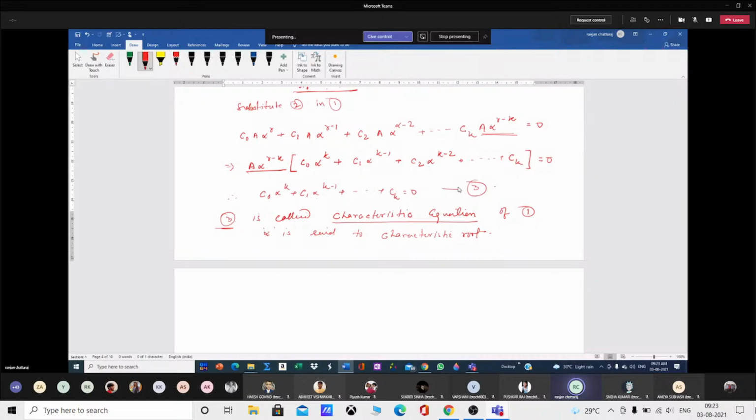So you see here the characteristic equation has degree k, so it has exactly k characteristic roots. So you see here 3 has exactly k characteristic roots.